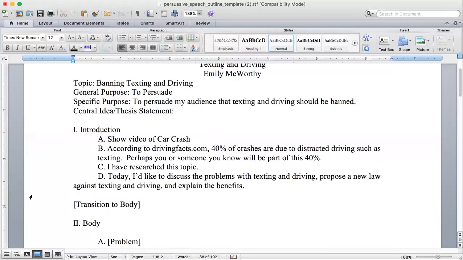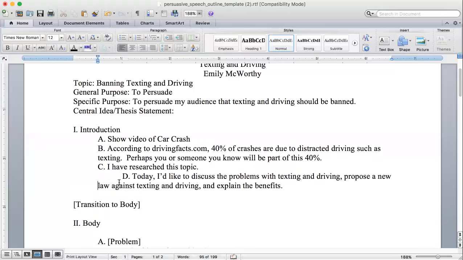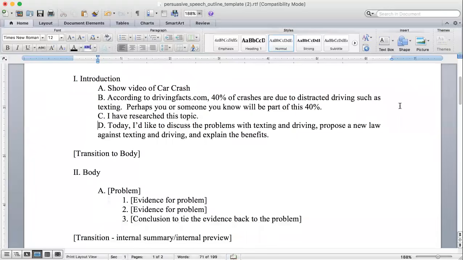So again, we have our need, solution, and then visualization as main point 3. Or we can say problem, solution, visualization. So our transition to the body: let's start by discussing the problem.